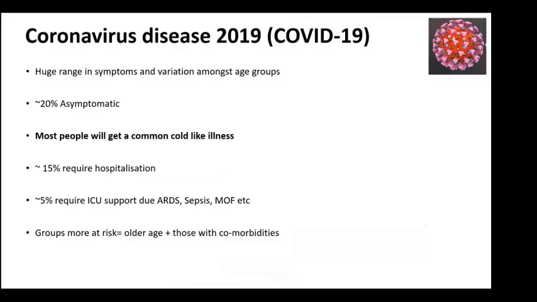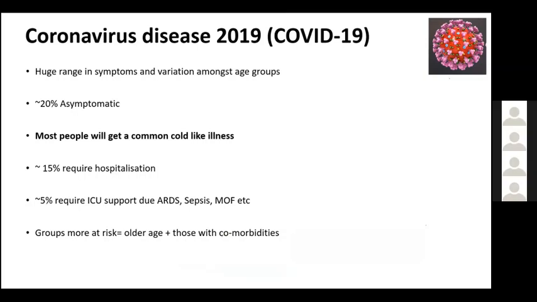Okay, so COVID-19, there's a huge range of symptoms and presentations, and the presentations and the likelihood of different outcomes really is quite varied amongst age groups. So the statistics and the percentages do vary, but they're saying around 20% of people who get the disease are completely asymptomatic.